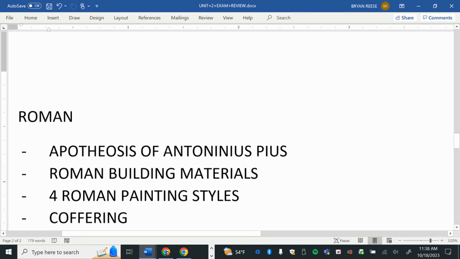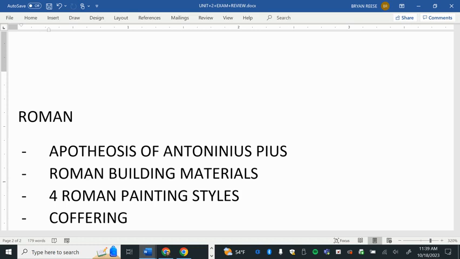The term coffering is on the test. And I think that coffering is one of the questions. Coffering is when they have a big arch that is heavy or a big dome that is heavy. And so they cut out little parts into that dome or arch to make the ceiling and the roof be lighter so it doesn't cave in.